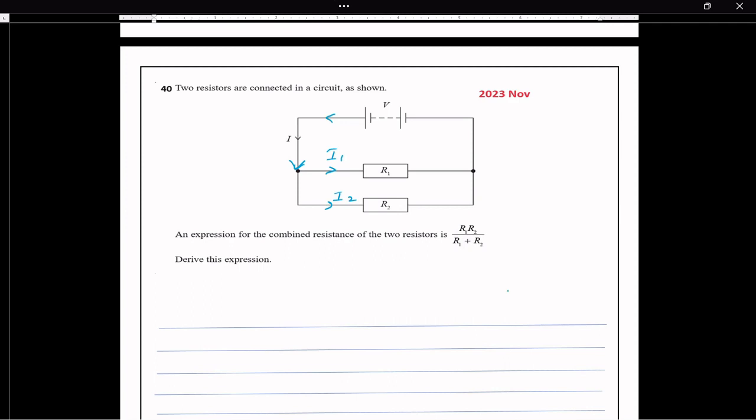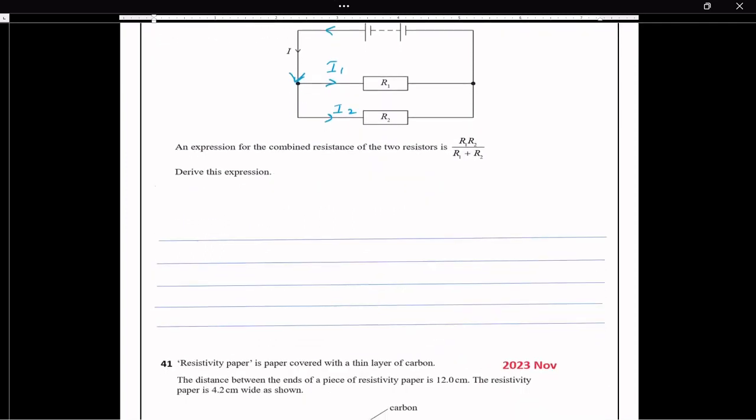Okay, so let's start with that. I equals I1 plus I2.